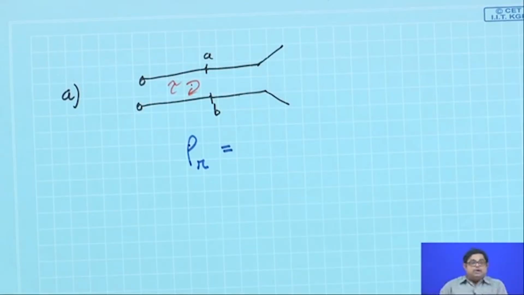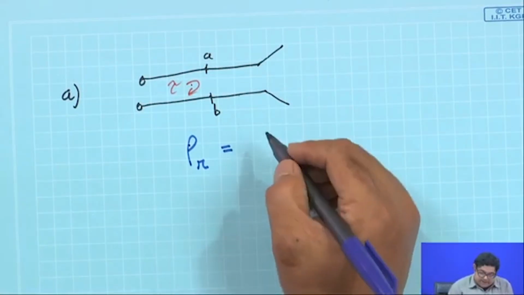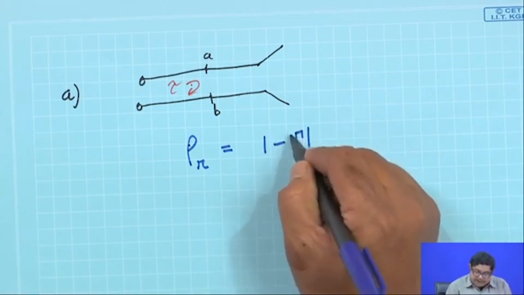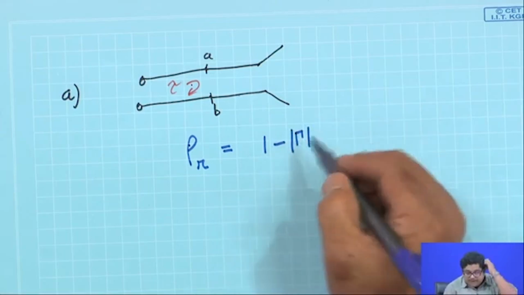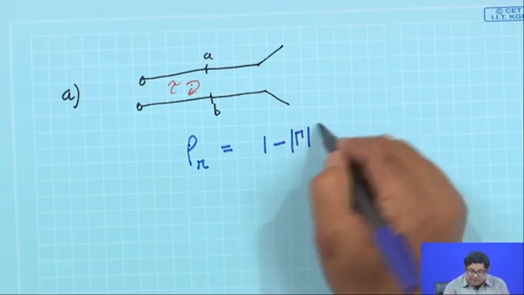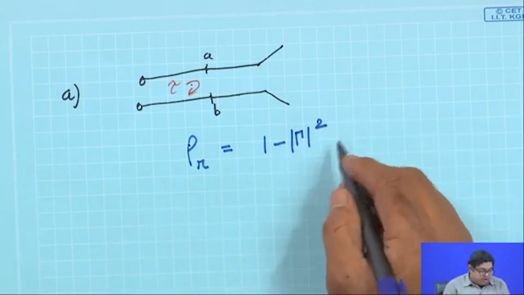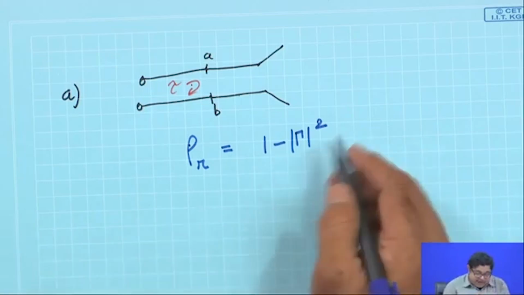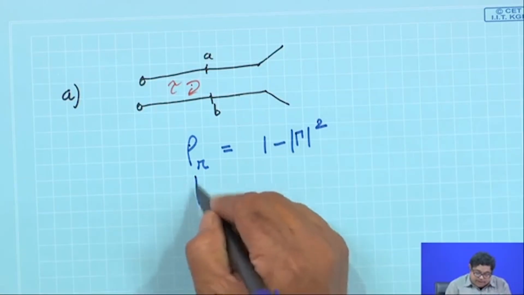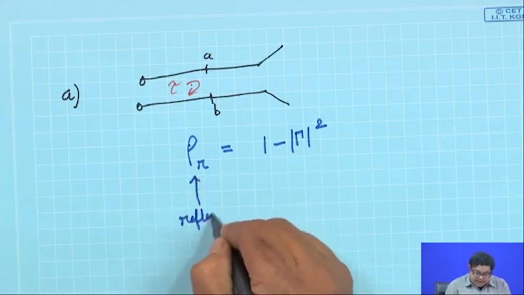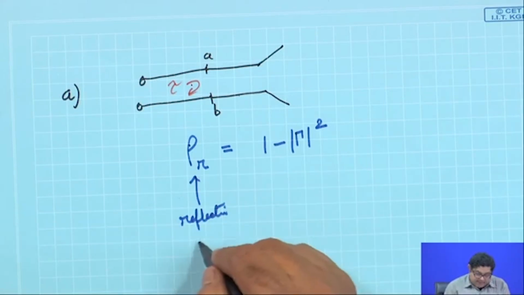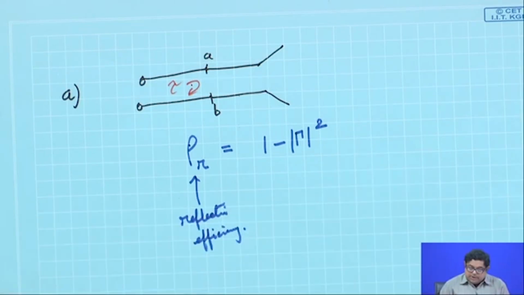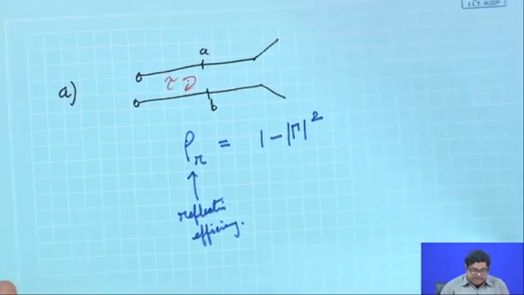We generally call this rho r, the reflection efficiency. In power terms, if the voltage reflection coefficient is gamma, then it is 1 minus gamma square, or 1 minus gamma into 1 minus gamma star. So, this is the reflection efficiency.